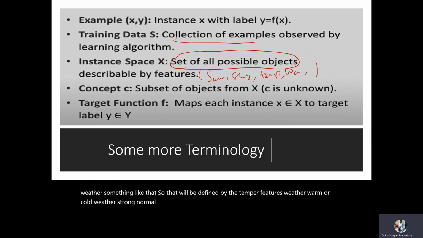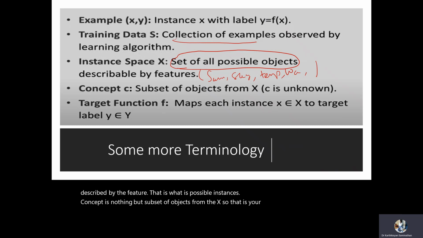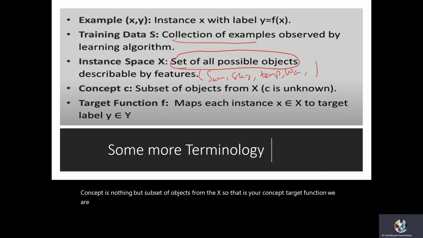That can be described by the features. That is what possible instances are. Concept is nothing but a subset of objects from X. So that is your concept. Target function: we are mapping each instance to the target label. That is what your target function is all about, right?